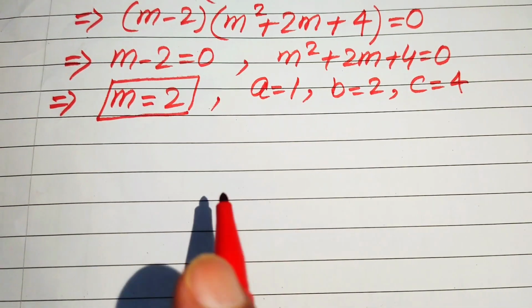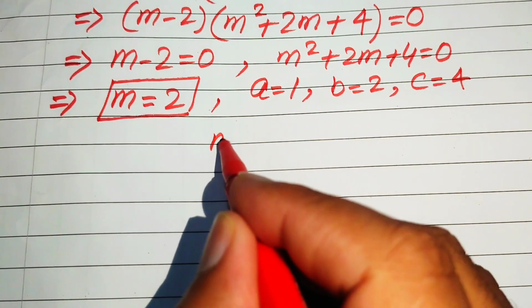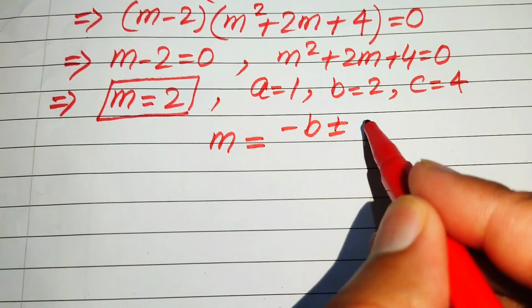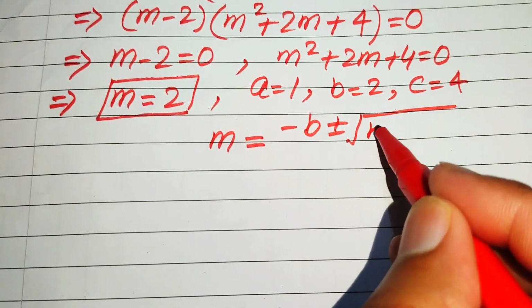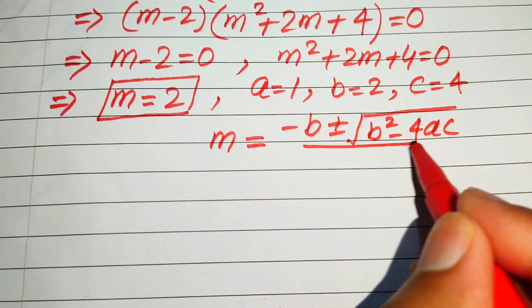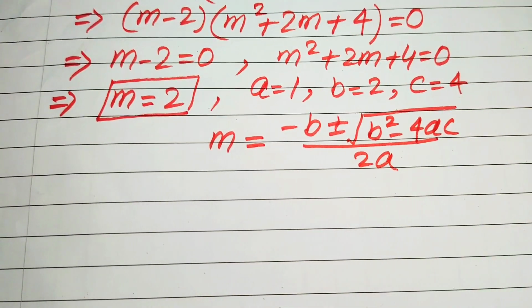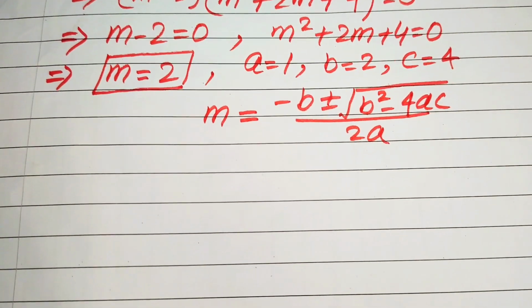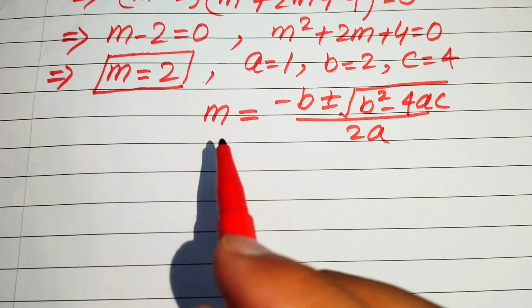Now we know about the quadratic formula. The quadratic formula is stated as minus b plus minus square root of b square minus 4ac, divided by 2a. Now it is time to substitute these coefficients in this formula.